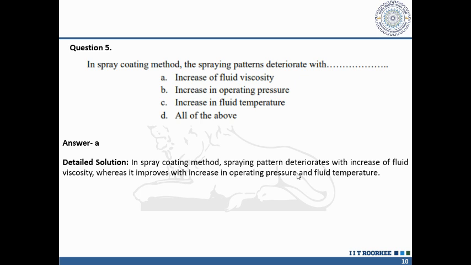So if your coating material is very viscous, it will not come out from your sprayer. It will delay, or there will be no continuous spraying on the food material. So it will definitely deteriorate the spraying pattern on your fruit or vegetable.